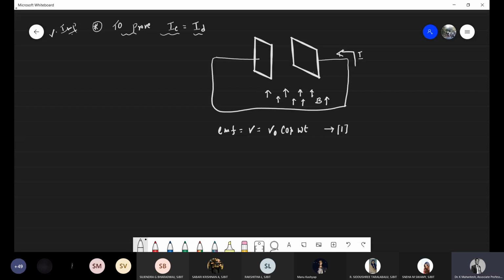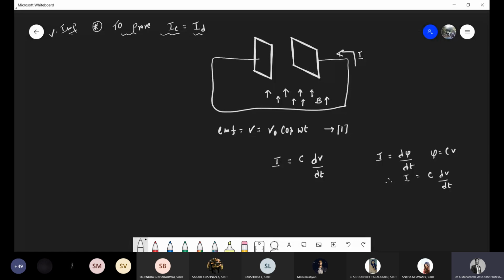Using circuit theory in this loop, what is the current I? Can I say I is equal to dq by dt? But q is equal to CV. Therefore, I is equal to C, which is constant, dV by dt.